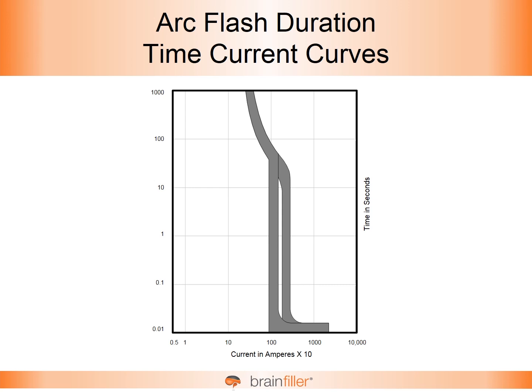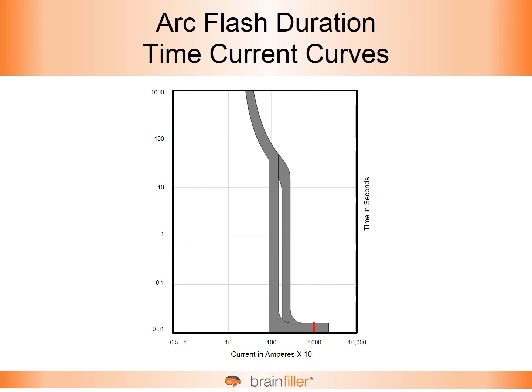The horizontal band that runs along the bottom part of the graph represents the instantaneous, meaning that if a current of that magnitude flows through this device, it would trip very, very quickly. In fact, with this device, that represents 0.0167 seconds, or 1 electrical cycle.